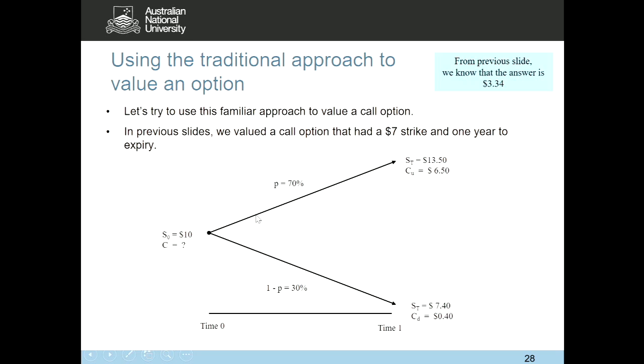The probability for the share price to go down is 30%. So if we know the probability and the terminal value, then we can work out the probability weighted average of the share price. We can work out the probability weighted average of the option payoff, right? Then we can discount back 1 year to get the present value of the call option. And that has to be the call option price. So that's called the traditional approach.